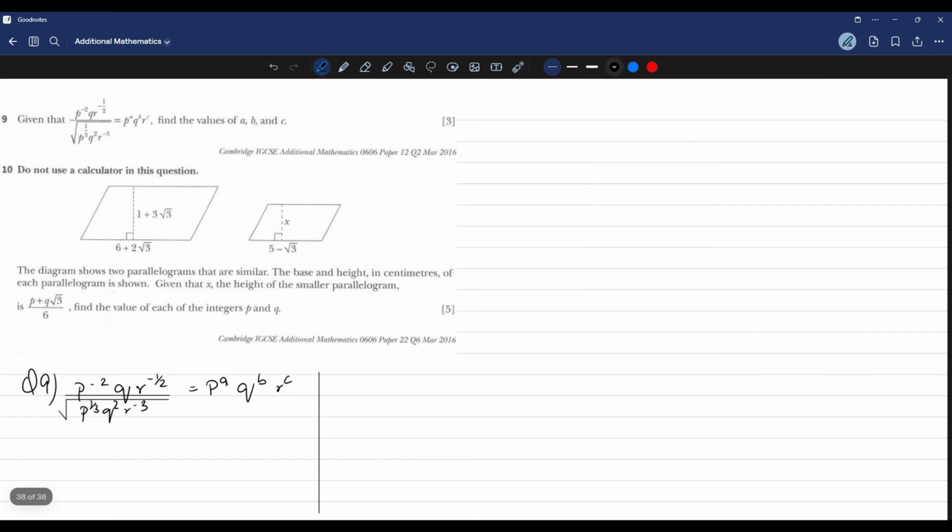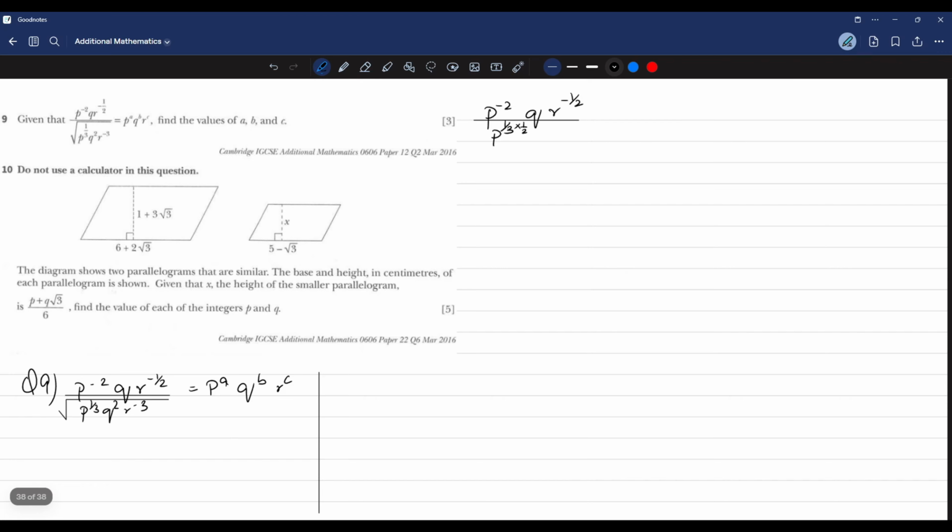I need some working, so I'm going to do it from here. I'm going to write the numerator first of all as it is. r is to power negative 1 over 2, divided by, now p raised to power 1 over 3. In order to remove the under root, I just multiply each value by 1 over 2, because that's what an under root represents.